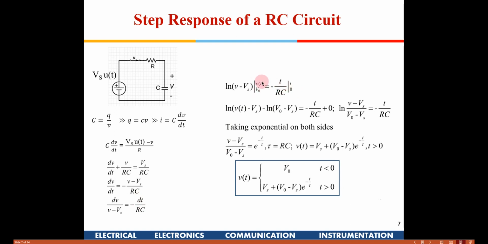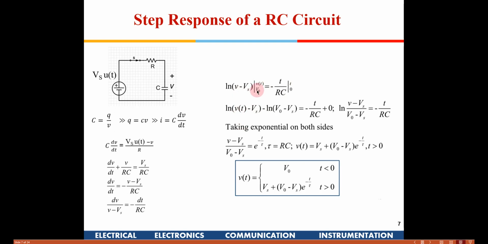Now you have to see the limits we have put here. If you notice the limits, here it is V0, it is not 0, because now we are not assuming that the capacitor has 0 charge initially. Now we are assuming that there is some V0 in the capacitor, and at time t it will be v(t). So t is variable as of now, from 0 to t.